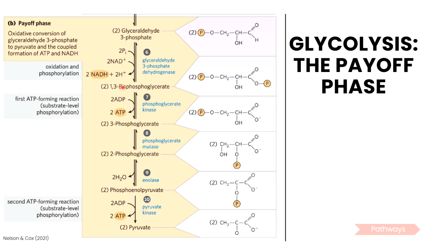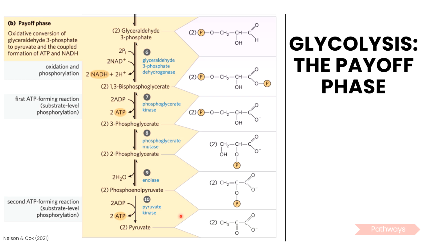The pathway is then going to continue as the 3-carbon intermediates are rearranged. That's going to happen in step 8 and step 9, and this is then going to eventually produce our PEP, phosphoenolpyruvate. Our PEP contains a high energy phosphate group.